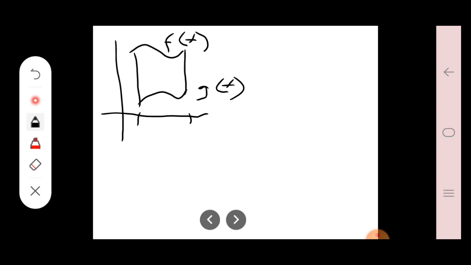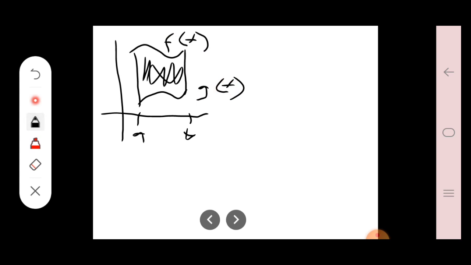How can we find the area between these two curves? This is from A to B. All we need to do is take the difference between the area of f of x and g of x, and we'll get the area between f and g.